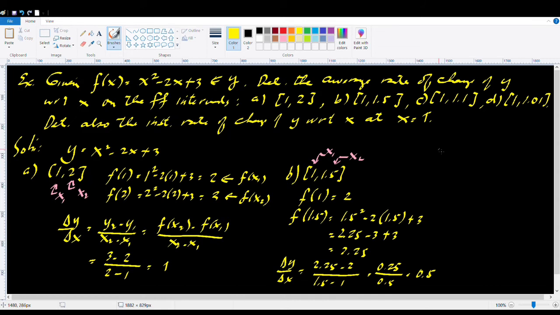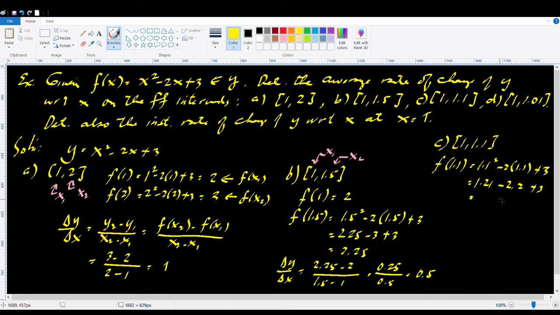So we do the same thing for the interval 1, 1.1. So we just calculate for f of 1.1, that is 1.1 squared minus 2 times 1.1 plus 3, 1.21 minus 2.2 plus 3.